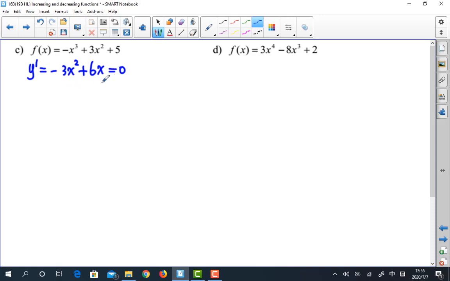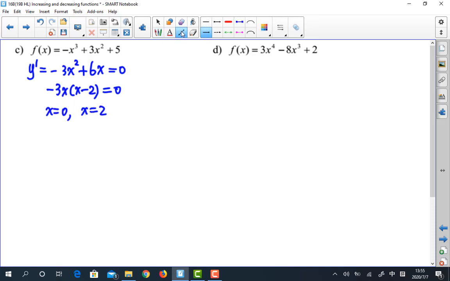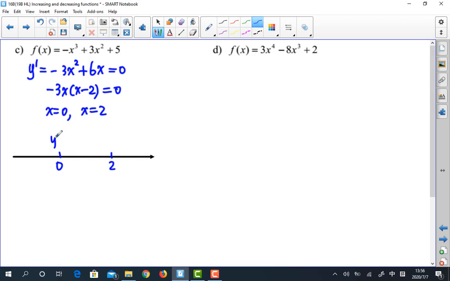Find the 0 derivative points. So it should be negative 3x times x minus 2 equals 0. So x can be 0, x can be 2. So when you want to plot those 2 points on the number line, so x equals 0, x equals 2, these 2 points will make y prime equals 0.